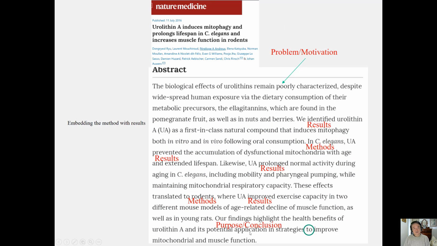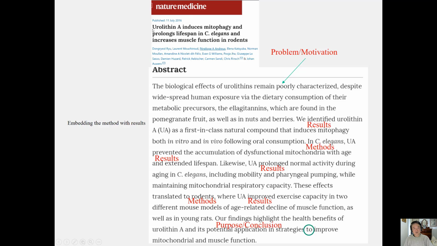So here's another abstract. This is from Nature Medicine. This study is about urolithin A inducing mitophagy and prolonging lifespan in C. elegans and increasing muscle function in rodents. This is the main focus of this study.